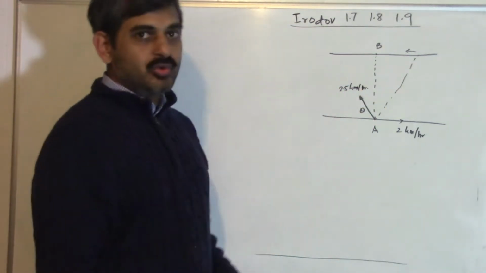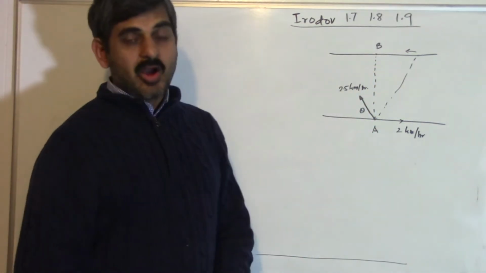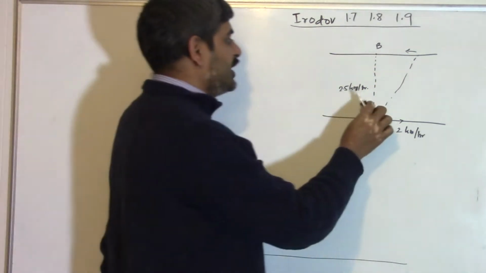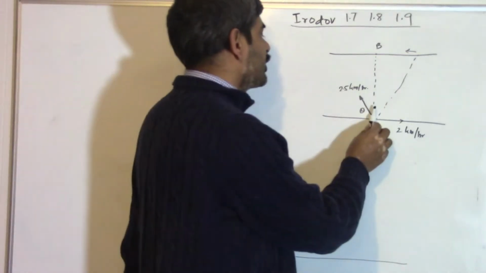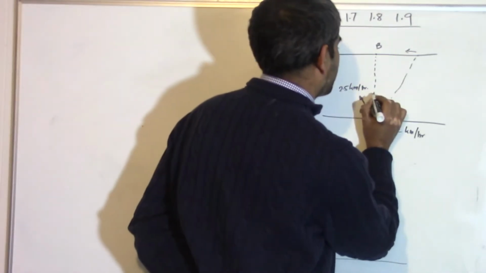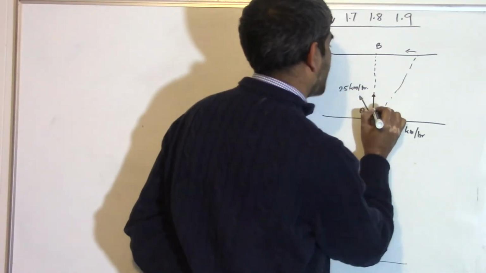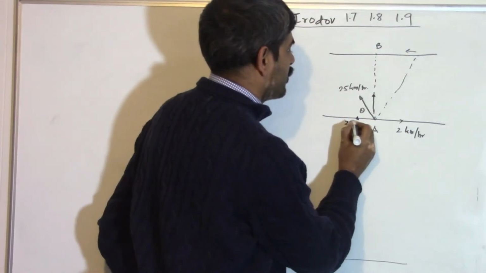And to be able to swim right across, how does he do that? This velocity has two components, one along this direction and the other along the perpendicular direction. So the perpendicular component will be 2.5 sin theta, and this component will be 2.5 cos theta.